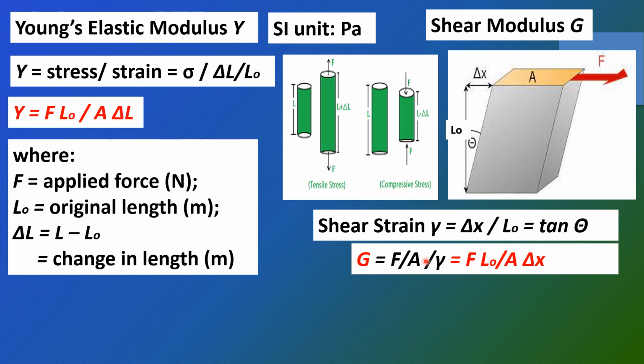And then if you divide it by the shear strain represented by gamma, we come up with the formula for shear modulus capital G, and that is simply equal to the product of the force applied F times the original length L divided by the surface area capital A and the change in the displacement delta x.